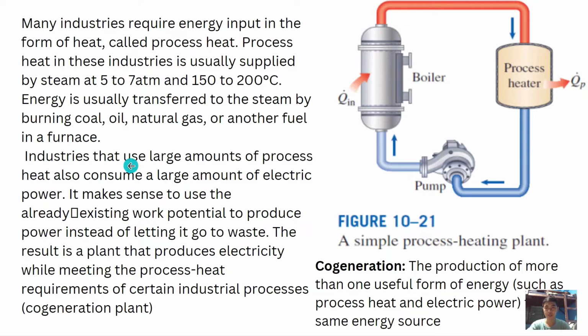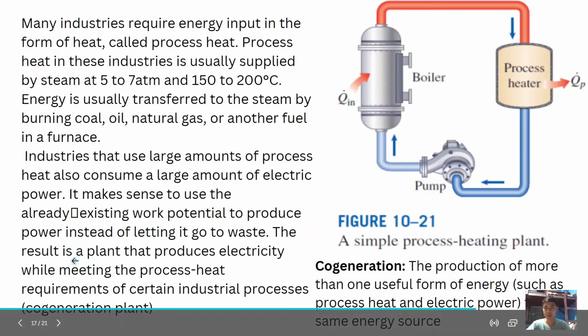Industries that use large amounts of process heat also consume a large amount of electric power. So it makes sense to use the already existing work potential to produce power instead of letting it go to waste. So the result is a plant that produces electricity while meeting the process heat requirements of certain industrial processes.